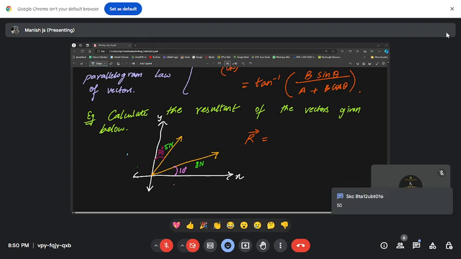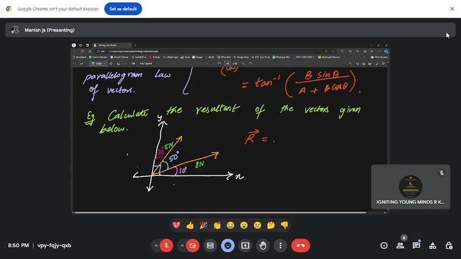Yeah, 50 is right. Good. The total angle between the quadrants is 90, so 90 minus 40 will fetch you 50. So it is 50 degrees basically.